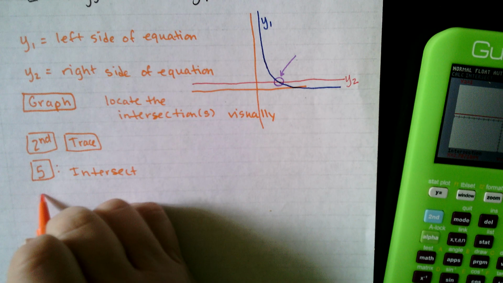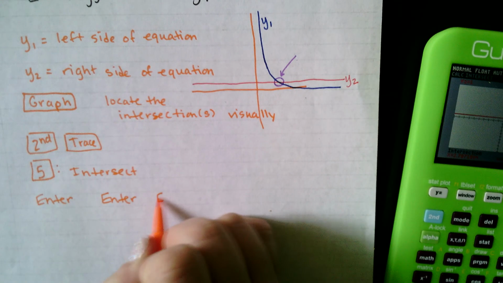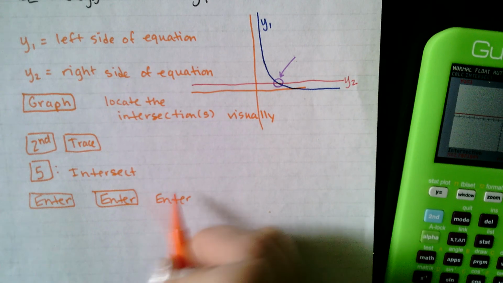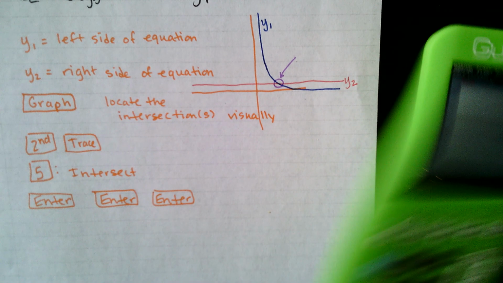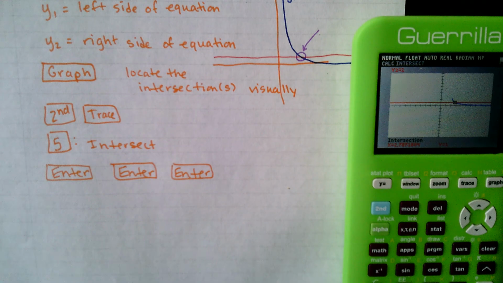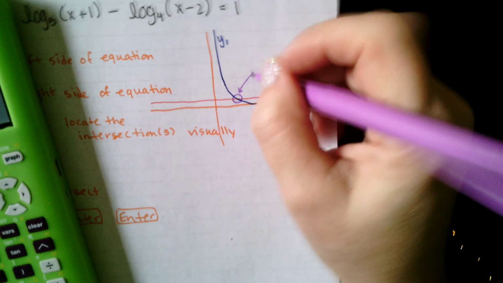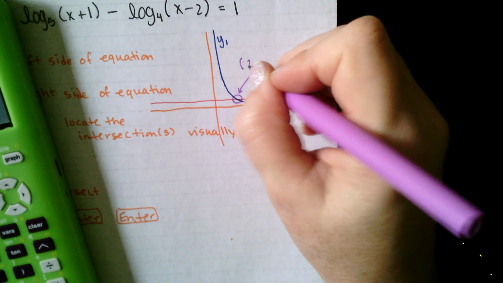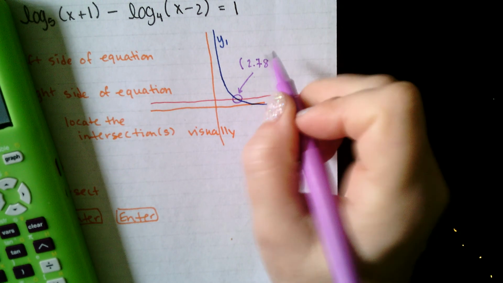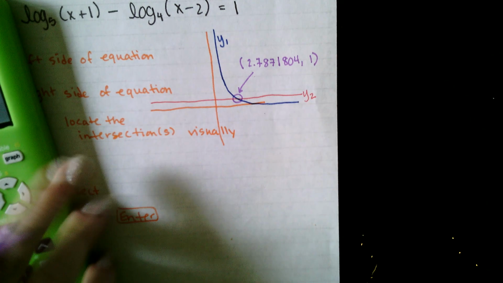So let's write those instructions down. Enter, enter, enter. Just remember that if your little spider is not showing up, you need to arrow until you end up on the spider. Enter, enter, enter. Then it's going to give us the intersection ordered pair. So here we had 2.7871804, 1.